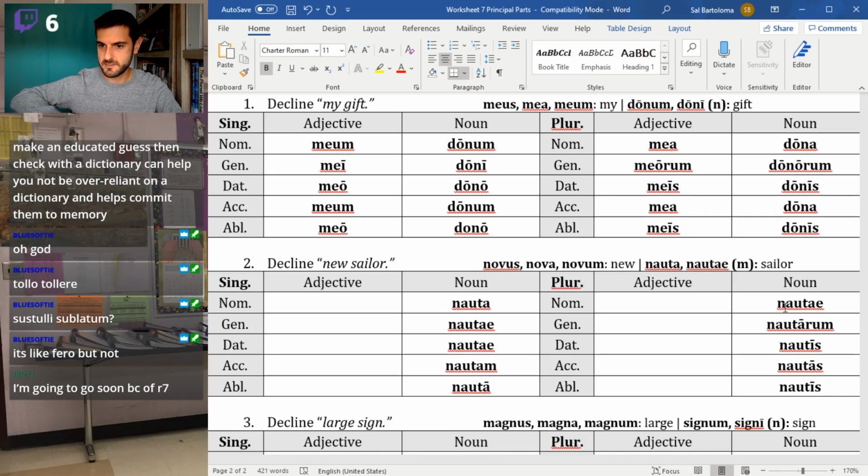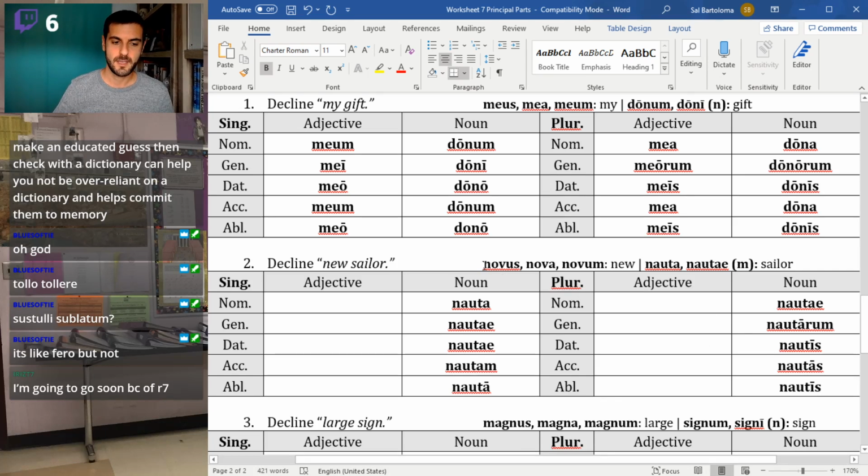Nautae, nautarum, nautis, nautas, nautis. And the adjective, novus, nova, novum: masculine, feminine, or neuter. Because nauta is masculine, I need to use novus. Now, novus, by its form, is a second declension word.